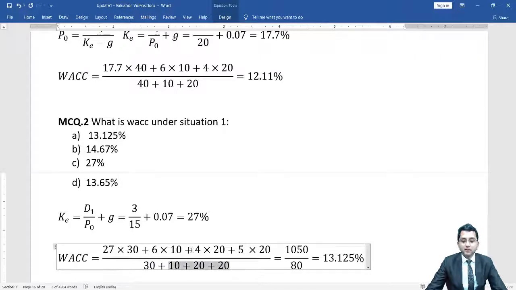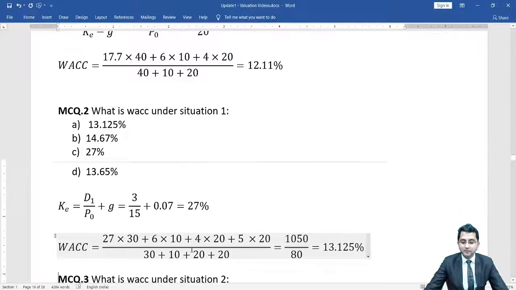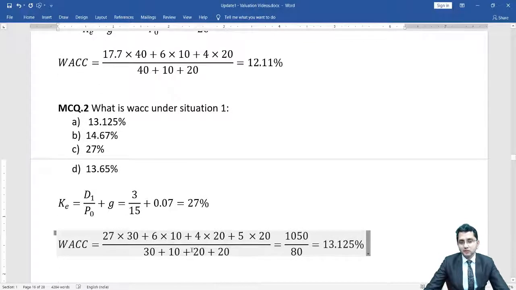In the denominator, it is total of the weight 30 plus 10 plus 20 plus 20. So in the numerator it is 1050, in the denominator it is 80. And WACC is 13.125.